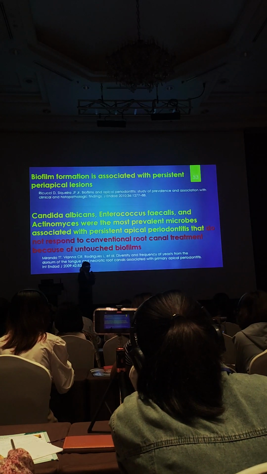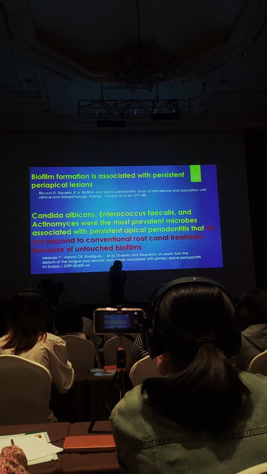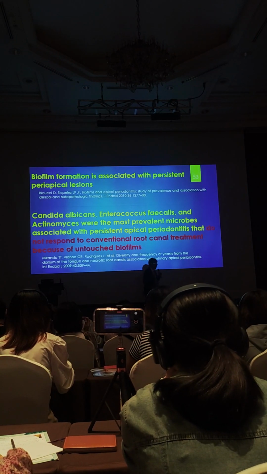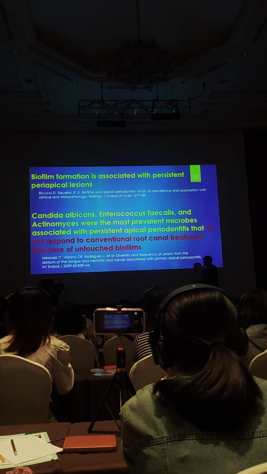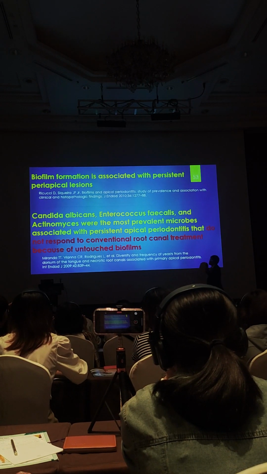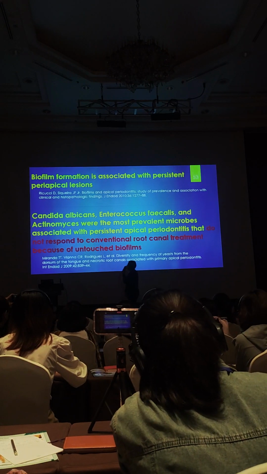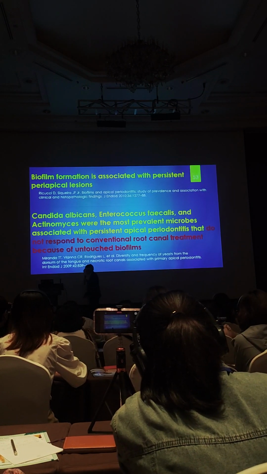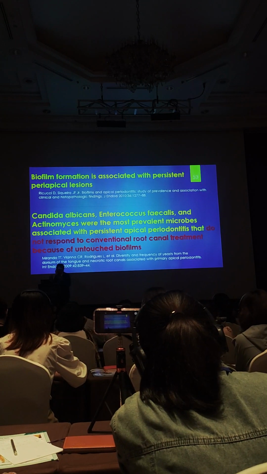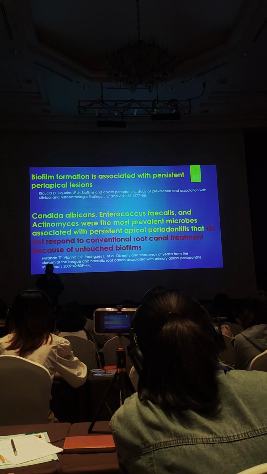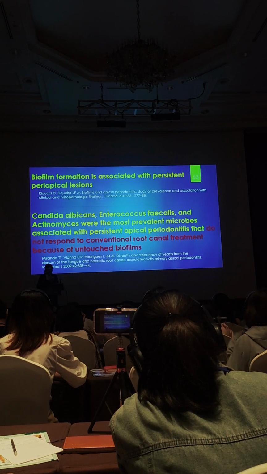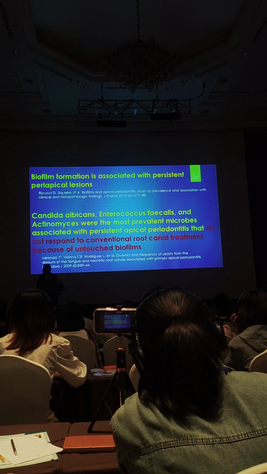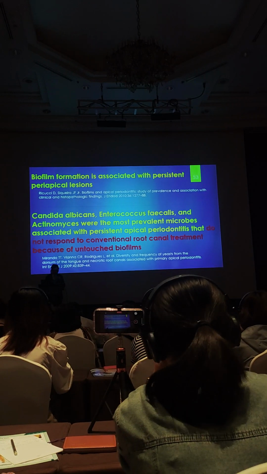They are not round, they are oval. That's why you cannot completely remove the necrotic pulp tissues from the apical root canal. So biofilm formation is associated with persistent periapical lesions. So when you see the lesion on the radiograph, you need to consider you have biofilms in the apical 1/3.